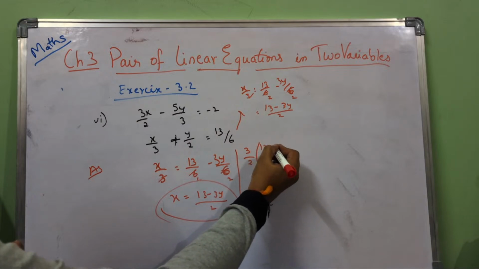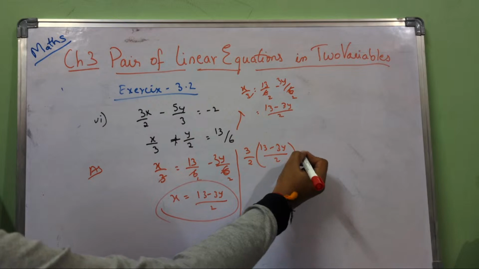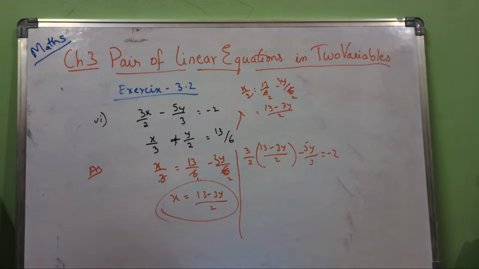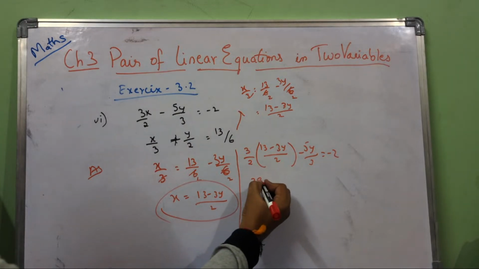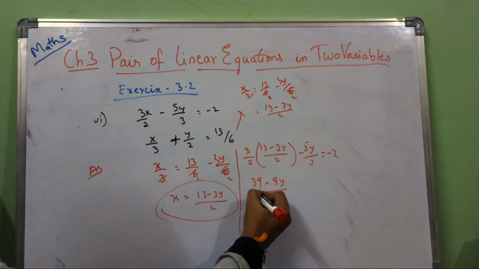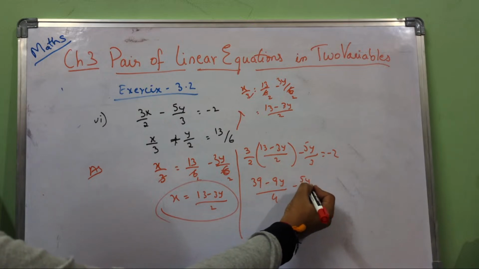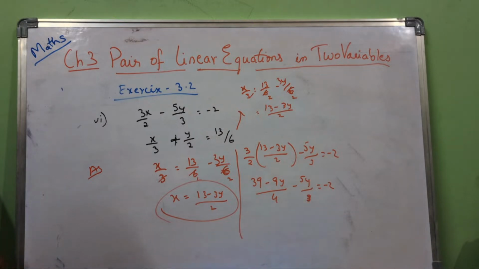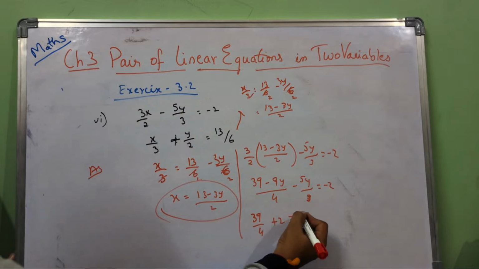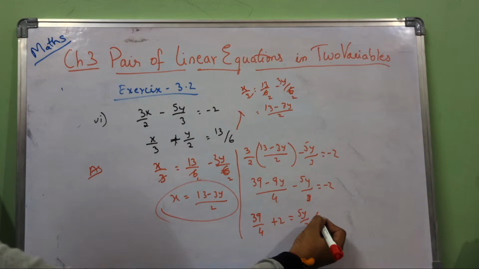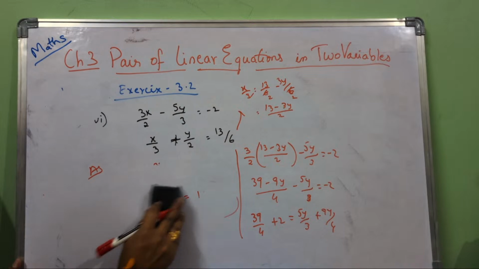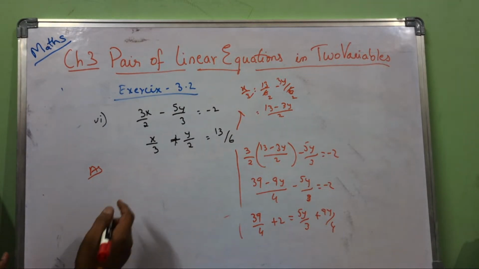X is 13 minus 3y by 2 minus 5y by 3 equal to minus 2. 13 3s is 39, minus 3 is 9y by 4 minus 5y by 3 equal to minus 2. This becomes 39 by 4 plus 2 equal to 5y by 3 plus 9y by 4. 4 2s are 8.